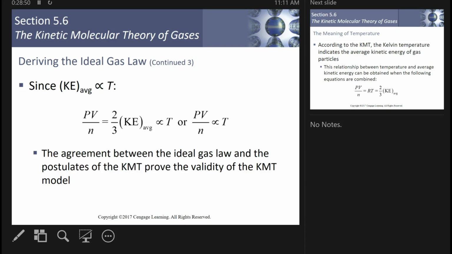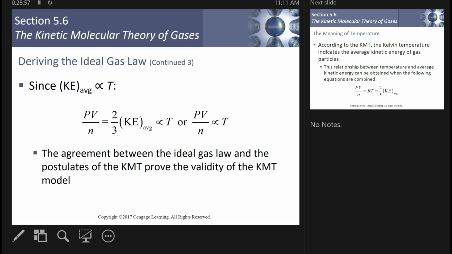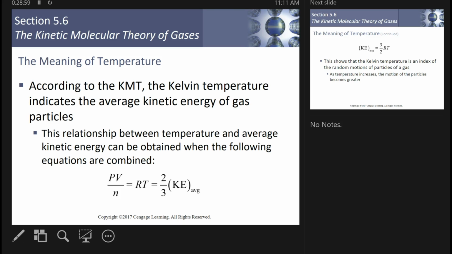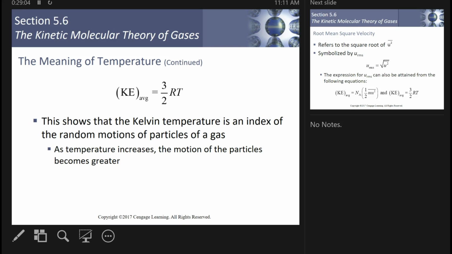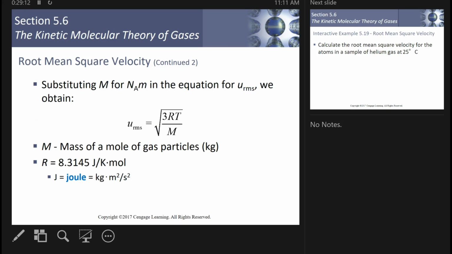So, half mv squared. The reason we're going to look at that is because we're going to look at Graham's law. We're not going to derive it this way. We'll look at the end point. What does KE stand for? Kinetic energy. Oh, by the way, this is why R, the 8.3145 you see, has to do with joules.